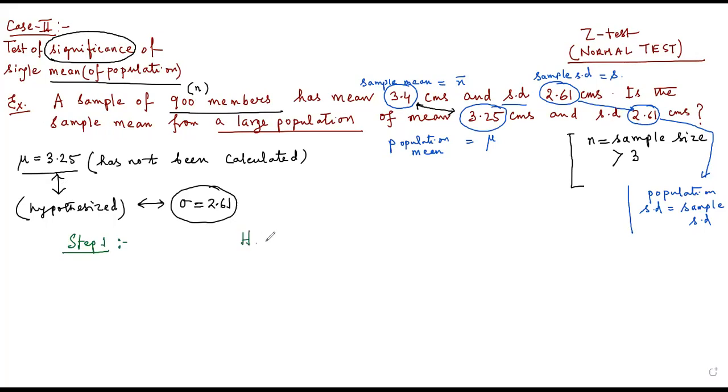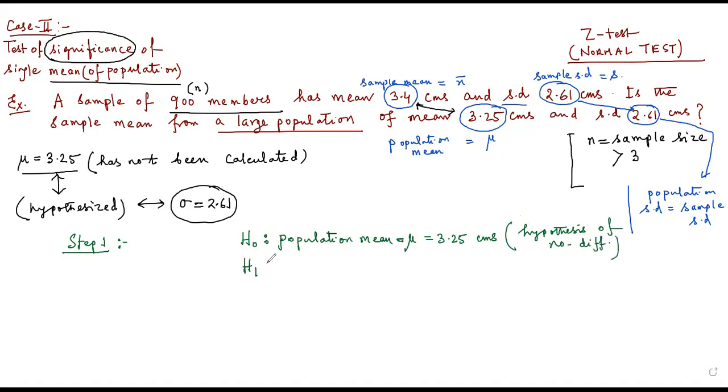So here I'm going to define the null hypothesis as our population mean mu is having the value 3.25 centimeters. Okay, this is our null hypothesis. Null hypothesis is sometimes called hypothesis of no difference. This is called our null hypothesis.